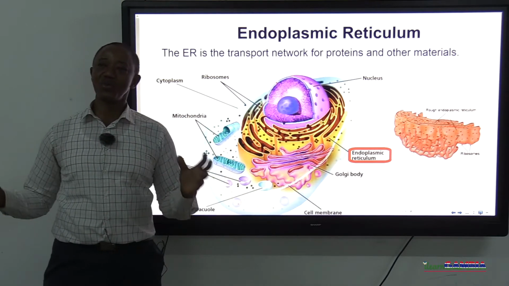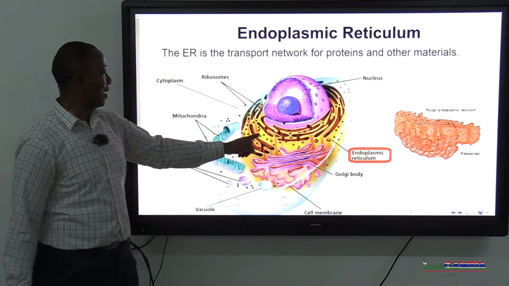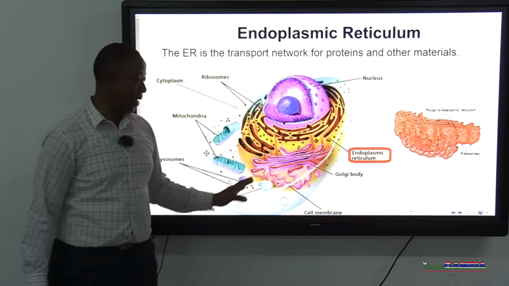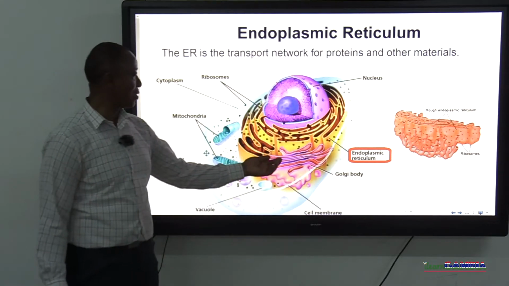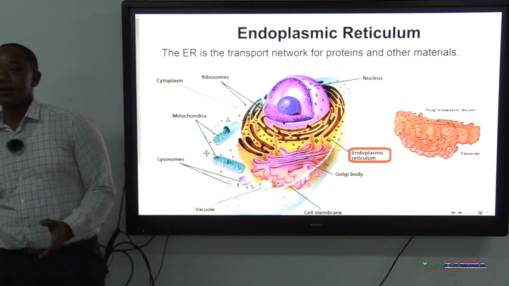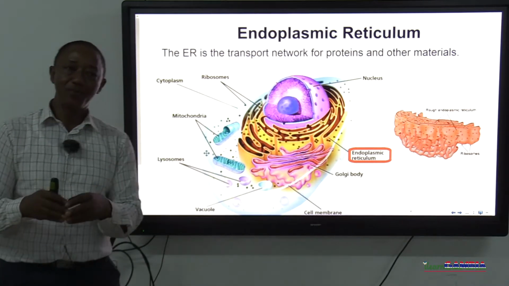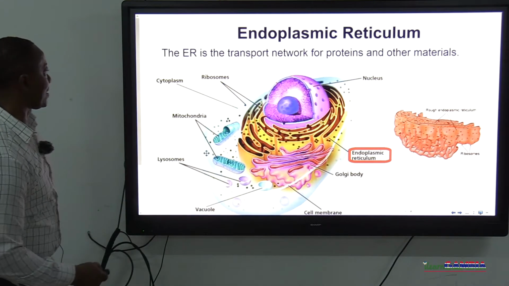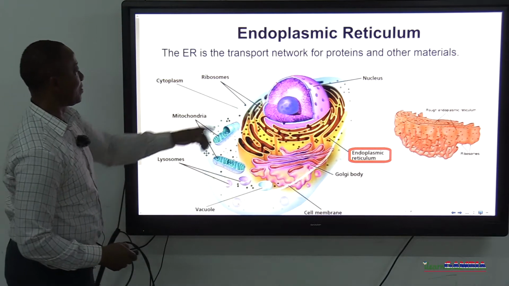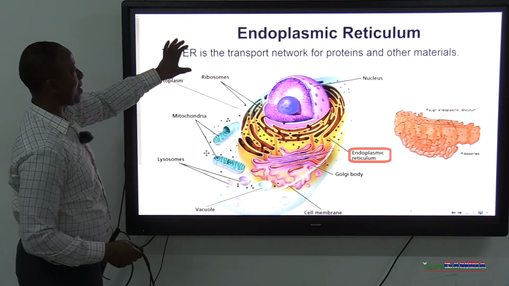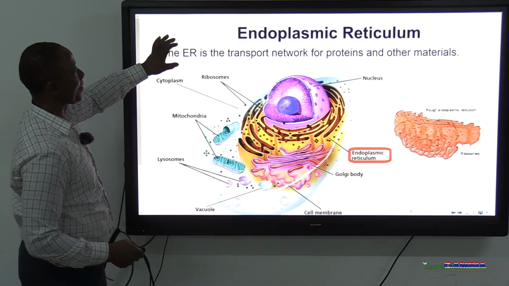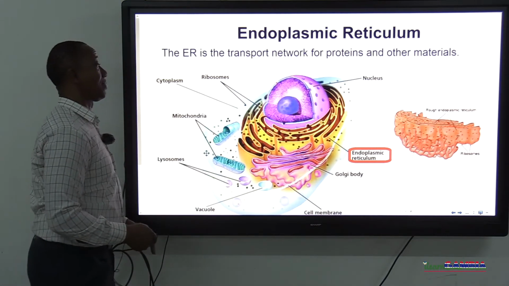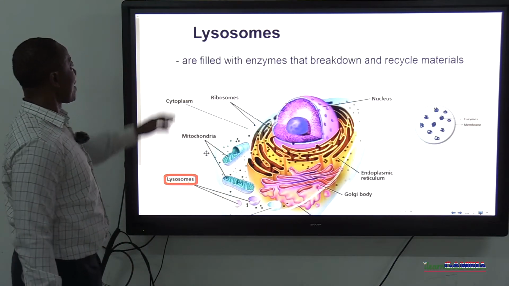So when the ribosomes make the protein, the endoplasmic reticulum will ensure that they are transported to where they are needed, and mostly that is to the Golgi body. So the Golgi body will now package them like a postal system and send them to their correct addresses. So that is the function of the ER, or the endoplasmic reticulum. Its function is mainly to transport the proteins and other materials.